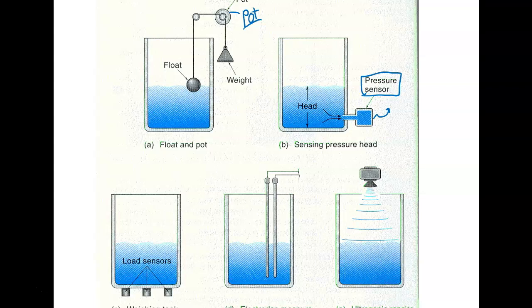It puts more pressure on our pressure sensor, and then we translate that over to a level. This one is actually measuring weight or the load. The more liquid you have in there, the heavier it is, and of course the weight would be proportional to whatever we're measuring. This would be either resistive or capacitive.